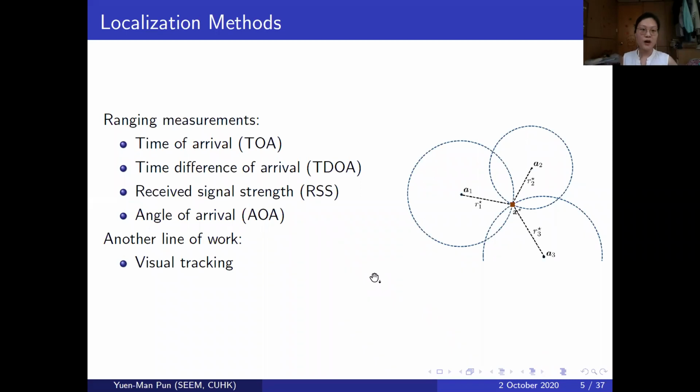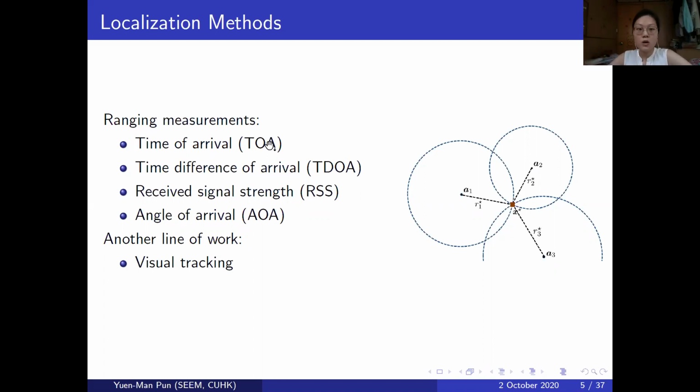There are quite a number of localization methods like TOA, time of arrival, measurements, TDOA, time difference of arrival, RSS, received signal strength, and AOA, angle of arrival. As you know, RSS may give a lower accuracy, and AOA needs a lot of anchors or nodes.